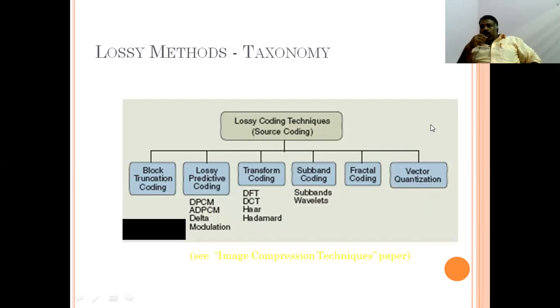The lossy method, you know very well, has a high compression ratio, and the information becomes lost. That mechanism is classified branch wise: block truncation coding, lossy predictive coding, transform coding, subband coding, fractal coding, vector quantization.